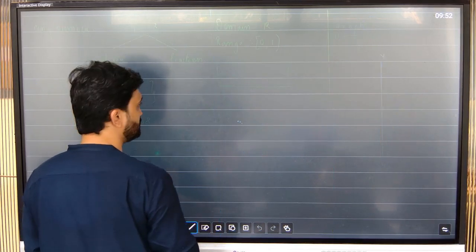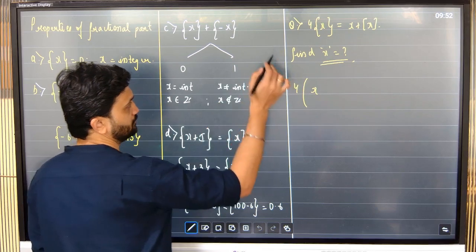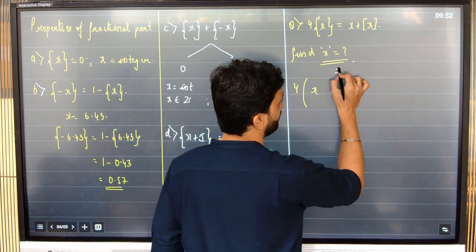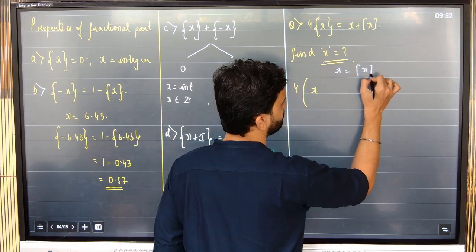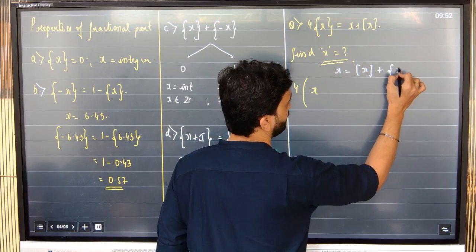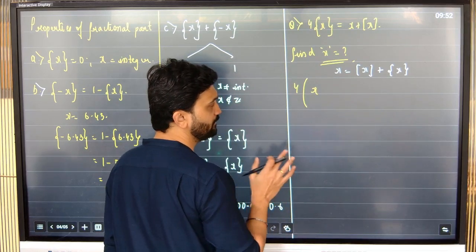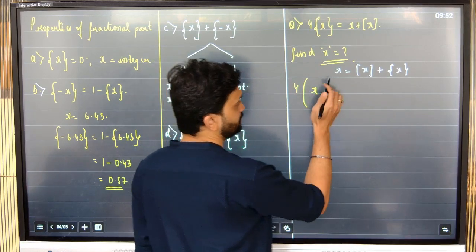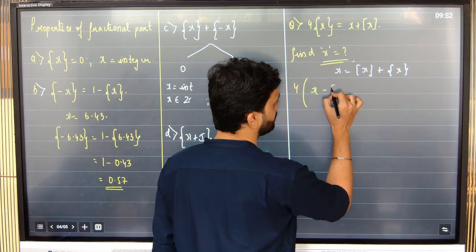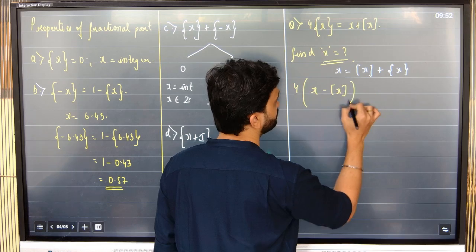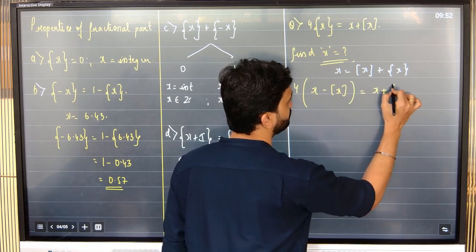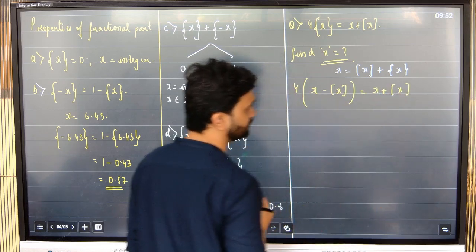If I substitute the value, this will become 4 into x minus the greatest integer function of x is equal to x into the greatest integer function of x.